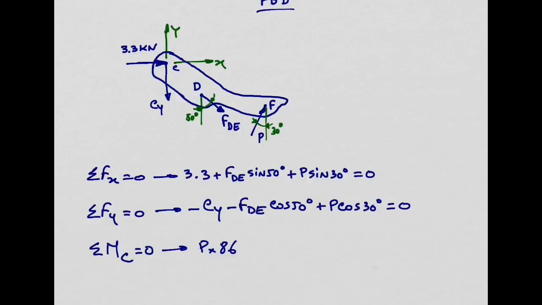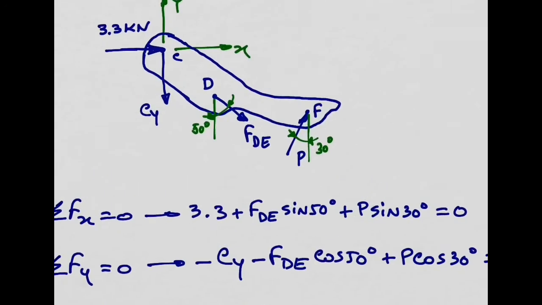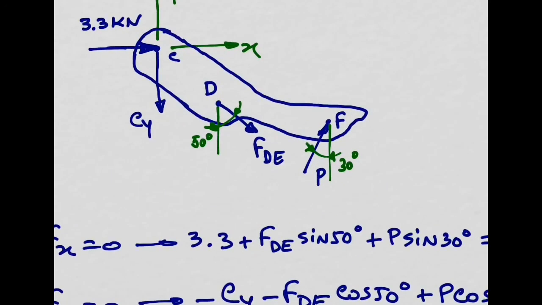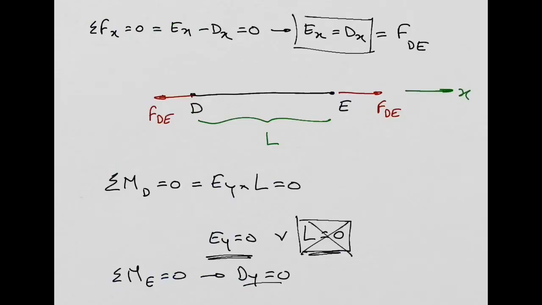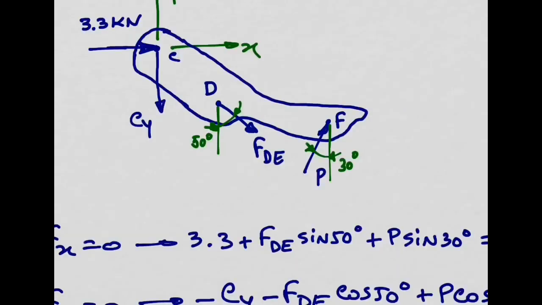Now I just need to focus on the moment produced by force FDE. What we can do is decompose force FDE into the horizontal direction. We have seen this is FDE cosine of 50 degrees. And I'm going to also decompose in the vertical direction. We have seen this is FDE, sorry, this is wrong, right?